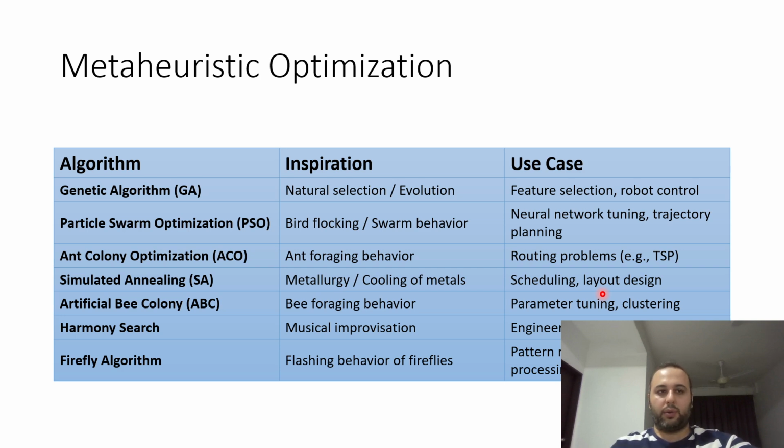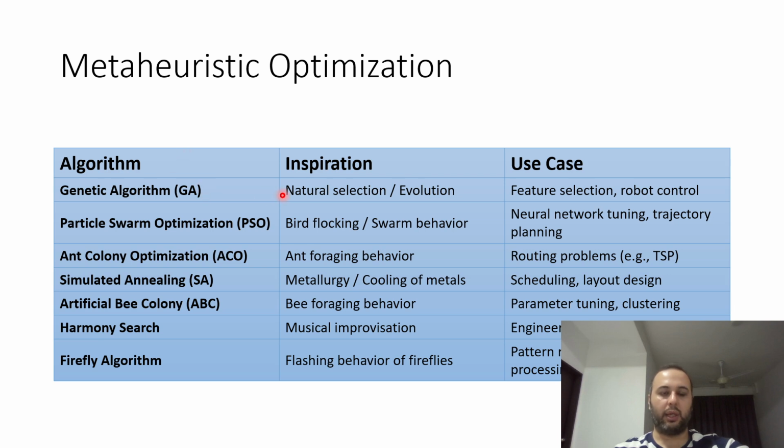So this table shows the different types of metaheuristic optimization, with the inspiration and use case. Algorithms such as GA, PSO, ant colony optimization, simulated annealing, artificial bee colony, harmony search, and firefly algorithms.